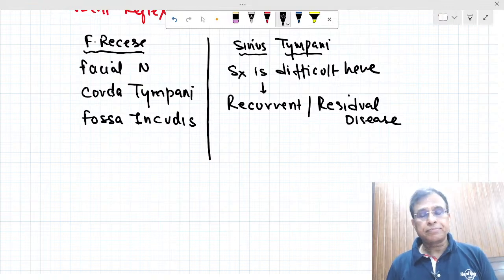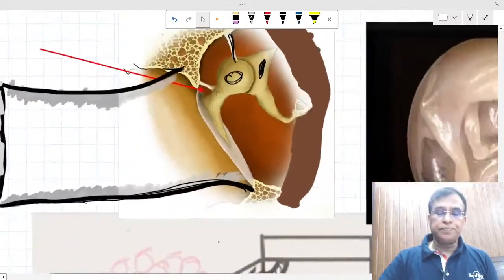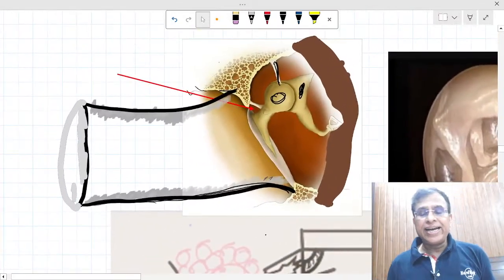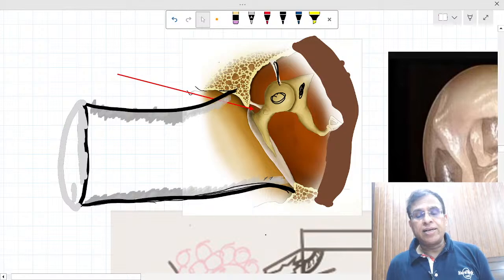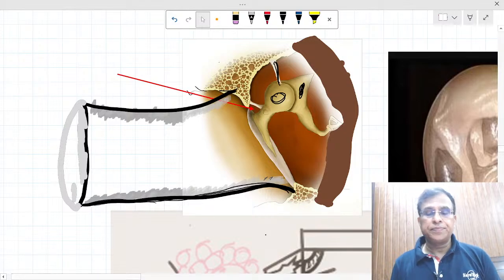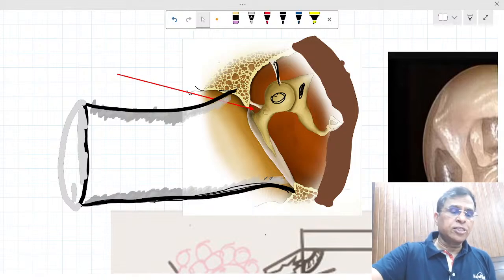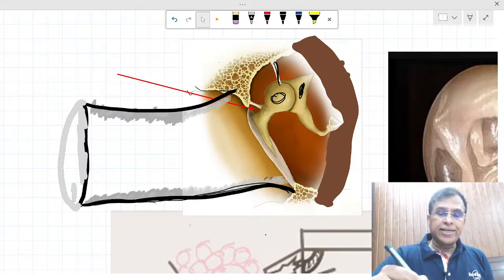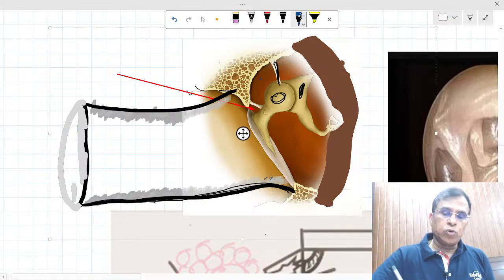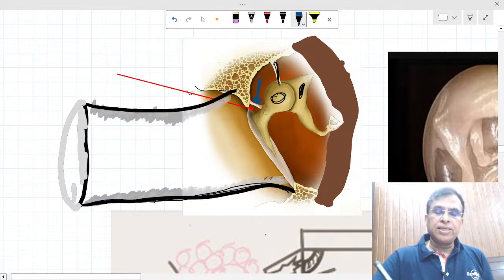Now look at this diagram. The red arrow is the Prussak space. So if that red arrow is the Prussak space, you understand that this is what? This is the lateral malleolar fold. And what is this? This is the neck of the malleus.